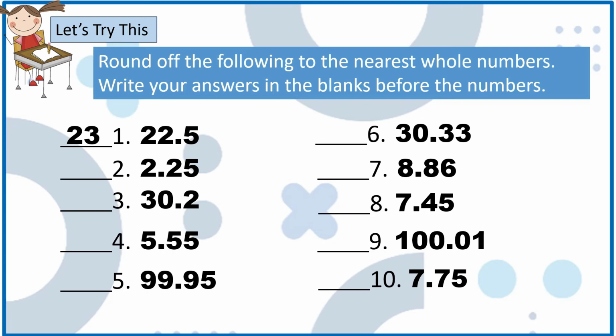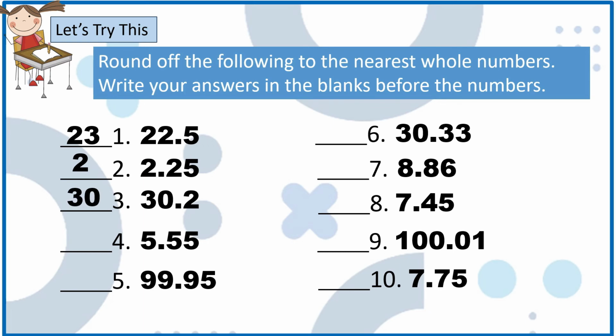Since 2 is less than 5, we remove all the numbers after decimal point and retain the whole number, that is 2. Next, 30.2. 2 is less than 5, so remove the numbers after decimal point and retain the whole number, that is 30.